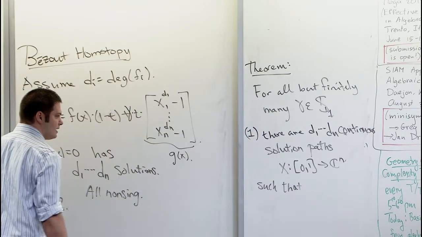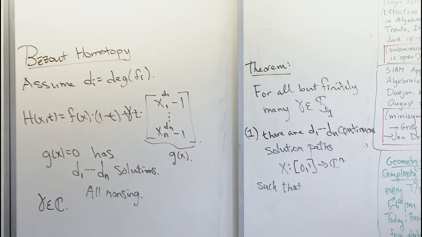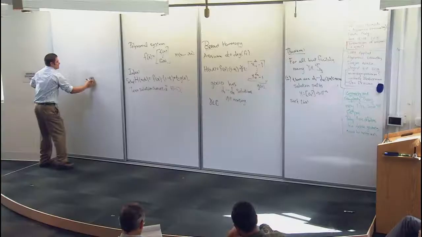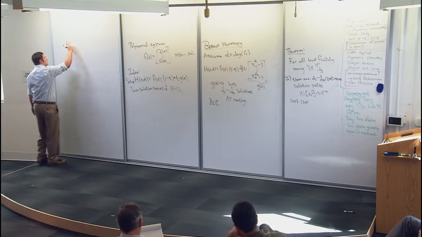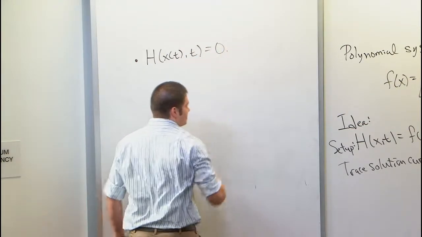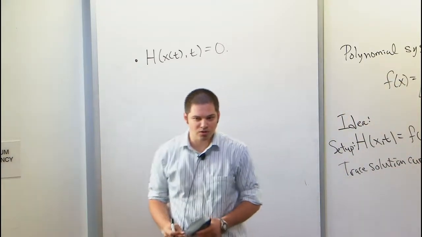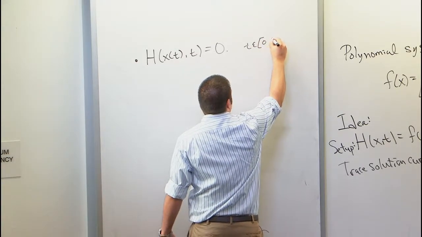All right, let's move to the other side of the board. What would be nice properties of this? Well, the first thing we would like is they should satisfy our equation, so for all t in the interval between 0 and 1.